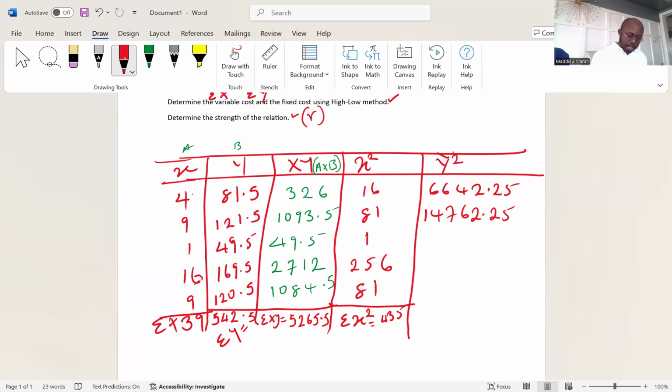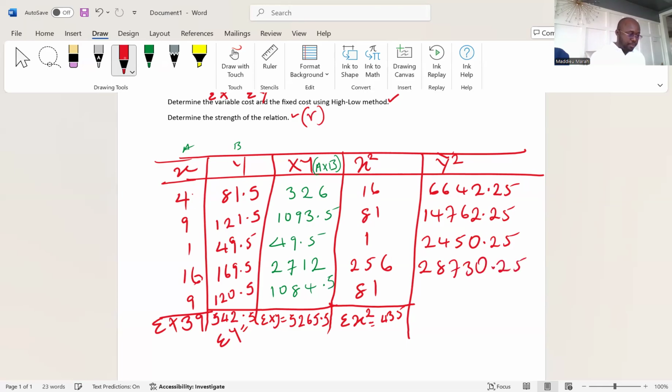The next one, 49.5 square will give me 2450.25. And 169.5 square gives me 28,730.25.